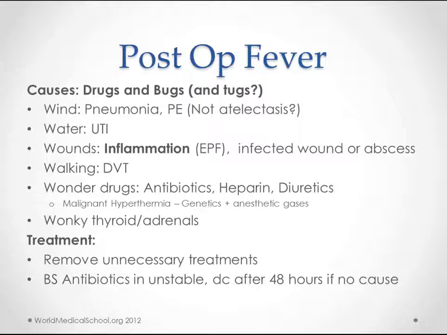So you get your cultures if you think things need to be cultured, and then you give them broad spectrum antibiotics. And then if you don't ever see a cause of the fever, then you take them off the antibiotics. Of course, if they're stable and you don't have a cause of infection, don't put them on antibiotics because you don't know what you're treating.